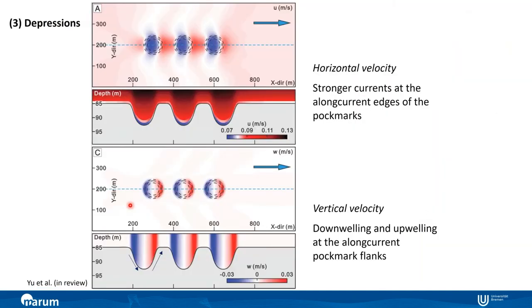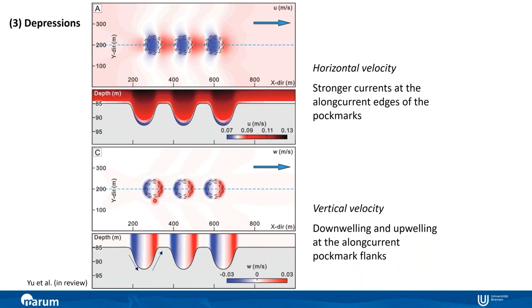In the upper part, you see the pockmark trends. In this case, we have three pockmarks. And you see the velocity in the last layer, so the bottom current, in this case the horizontal velocity that goes in this direction. In the lower one, you see the vertical velocity.